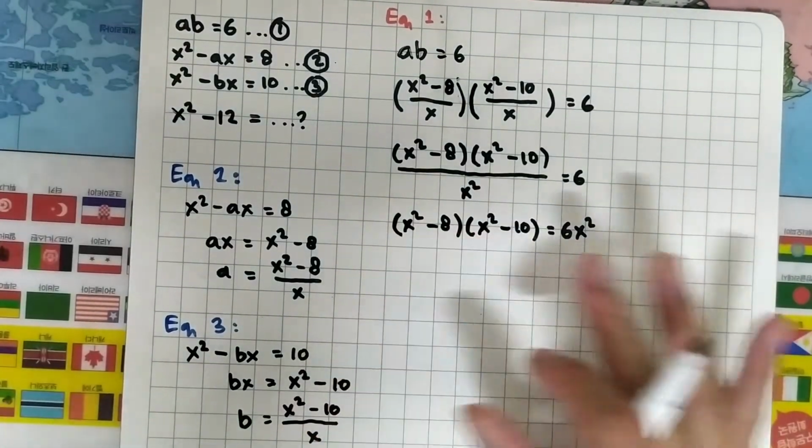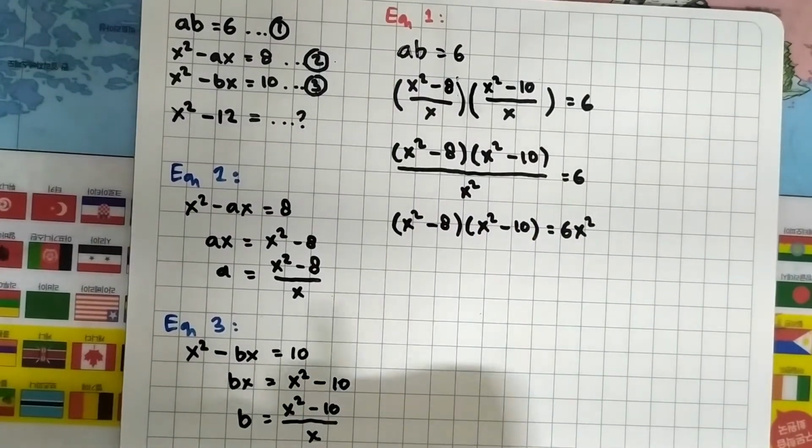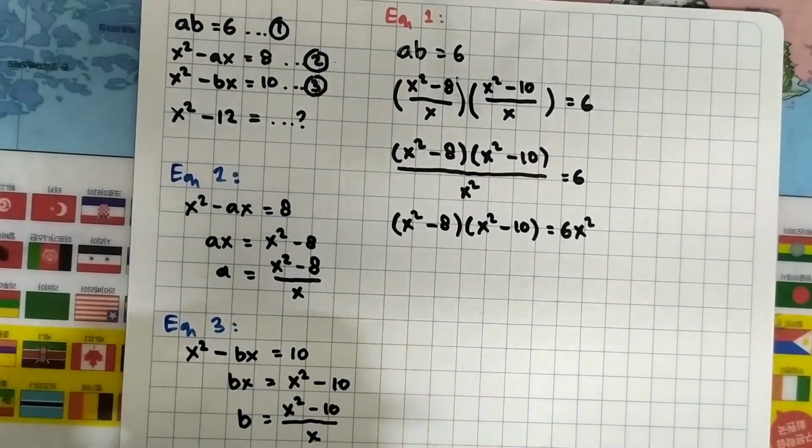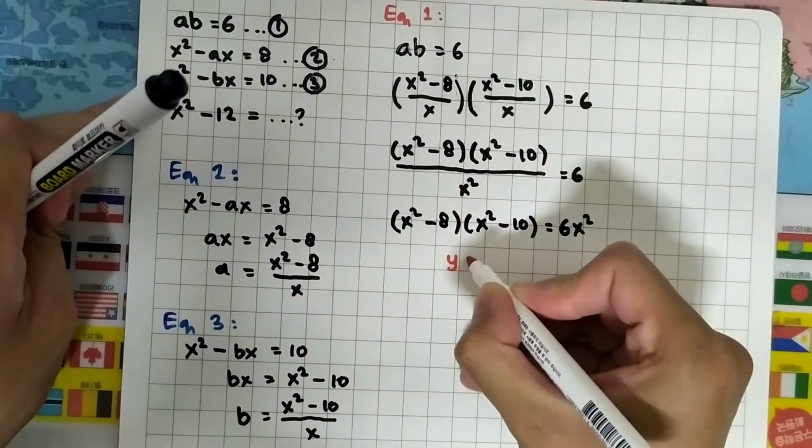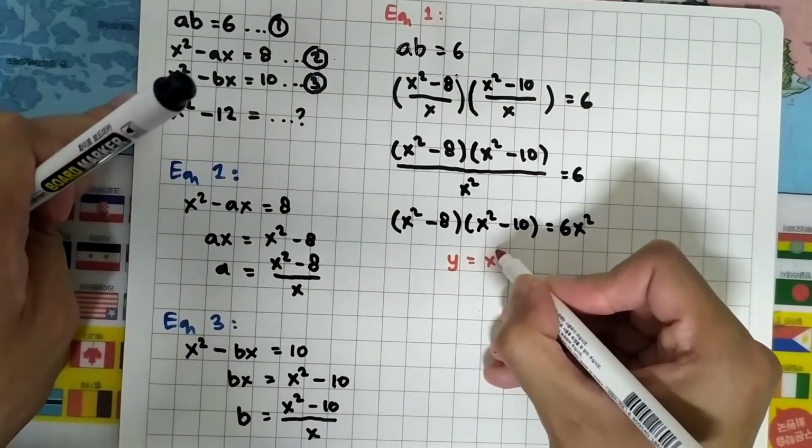So now I'm going to multiply all of this, but first, to make it easier, I will let y equal x squared.